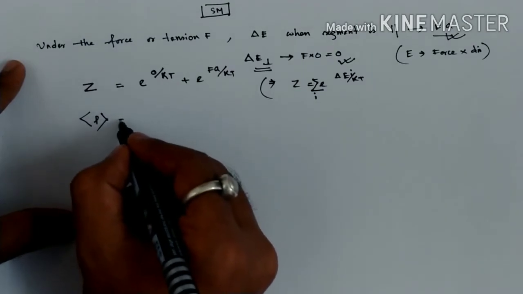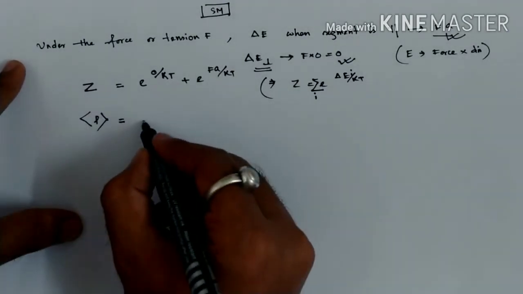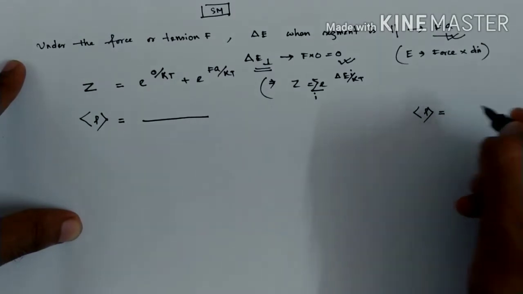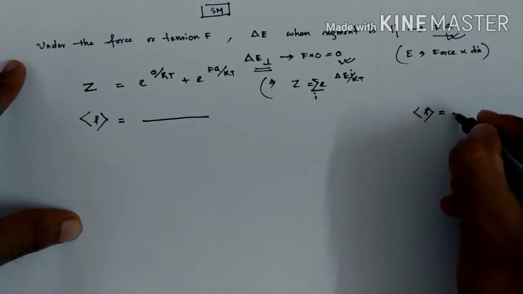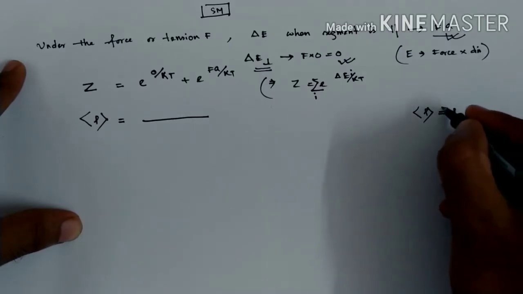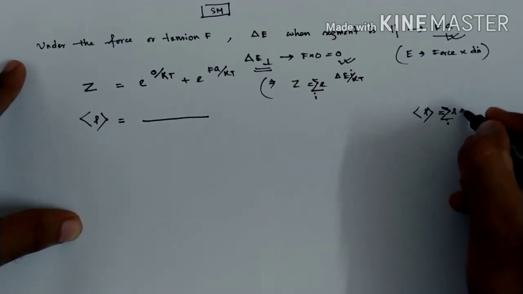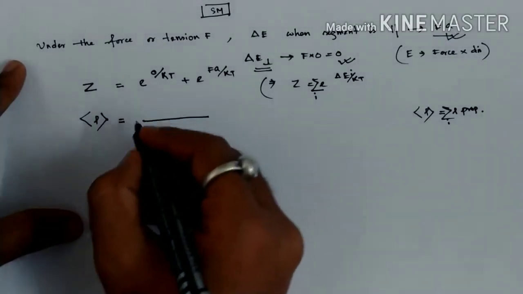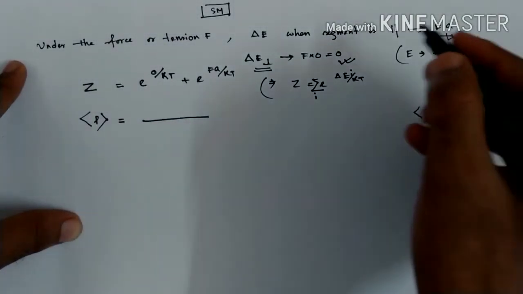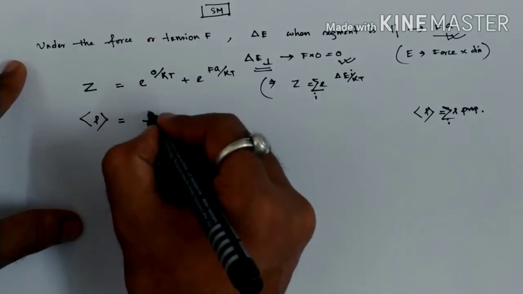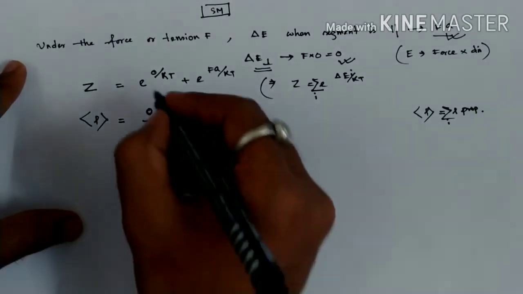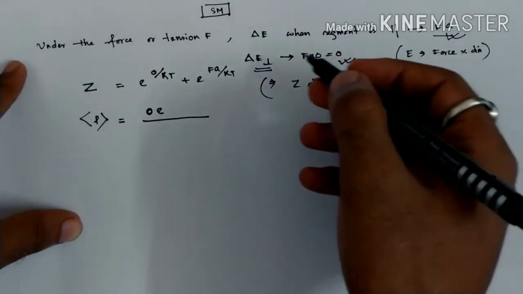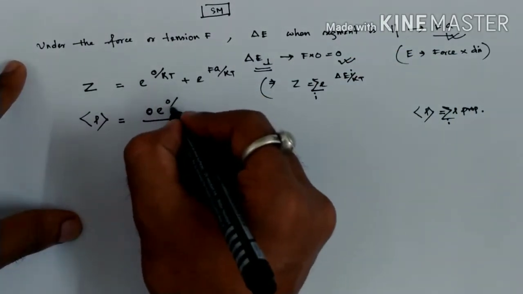So now we can easily find the average or mean length. Normally, the average is the summation over i of length multiplied by probability. Here also we are going to do the same thing. When it is perpendicular, the length is 0, multiplied by the probability e raised to 0 by kT.